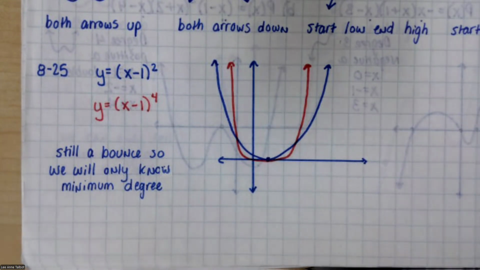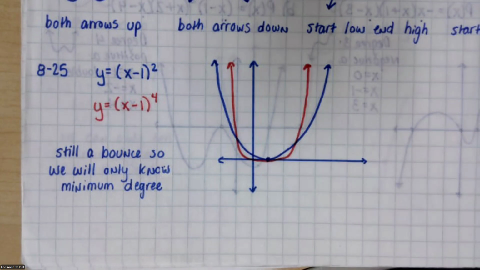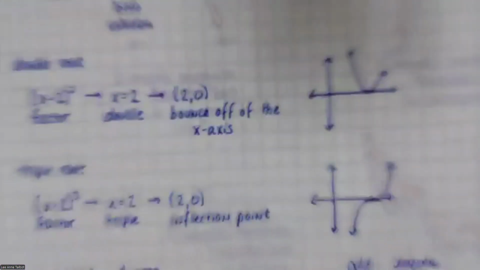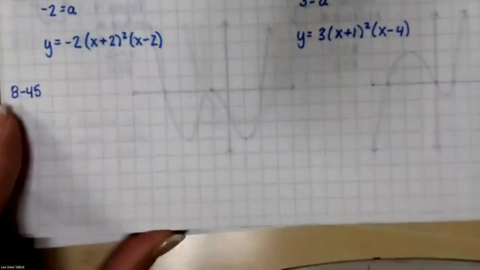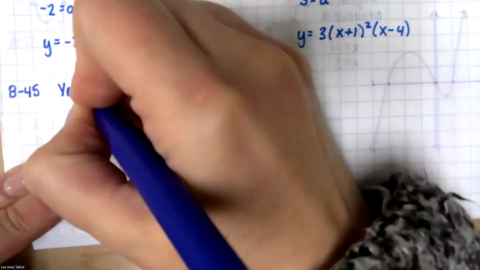Okay, so every even power is a bounce. So technically, he's just kind of being a smart aleck. He's just being like, I'm going to make Mrs. Talbot's life difficult and put a different one that still works. But we're just not going to do that because we don't want to do that to Mrs. Talbot. But anyway, it still works.